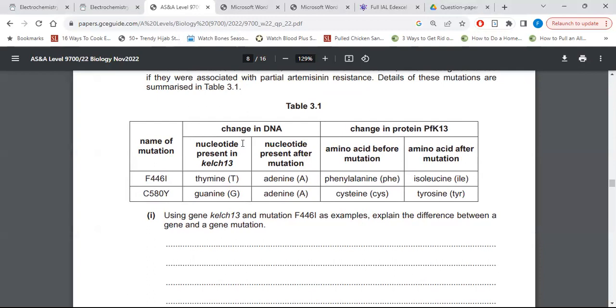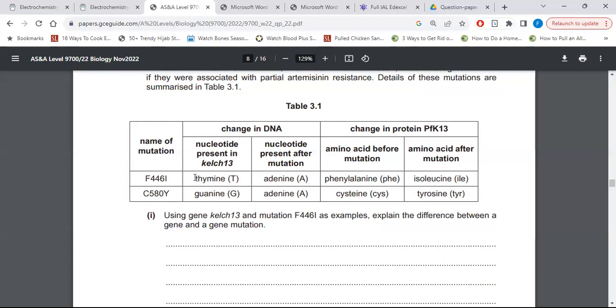Then you can say a gene mutation is a change in the sequence of DNA that leads to a change in amino acid sequence, which leads to a change in protein. And then you can add a few examples as well.